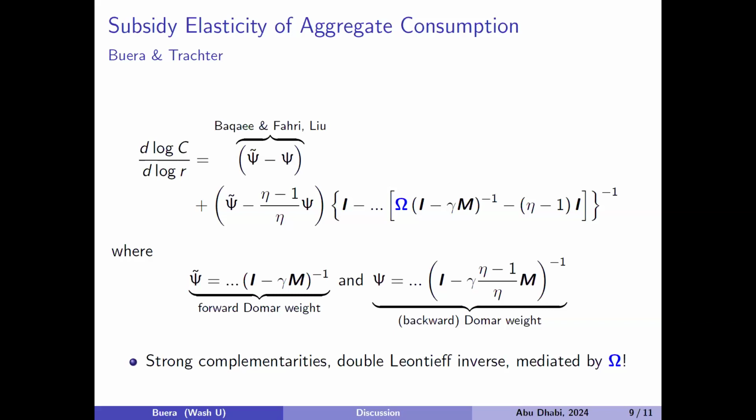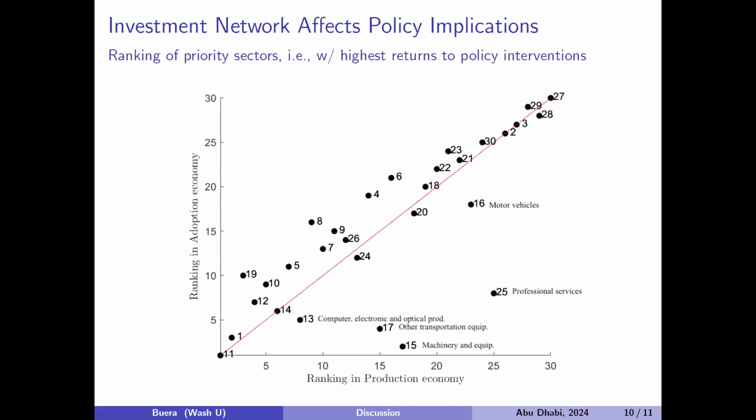So you have a Jontier inverse that gets to be inverted again. And this has to do with the fact that policies promote adoption, lower the cost of adoption to the sector, which further promotes adoption, and so on and so forth. So you're going to get a much stronger complementarity than in the simple model. We have this more continuous capital use.